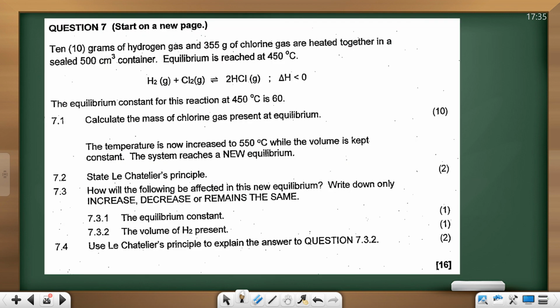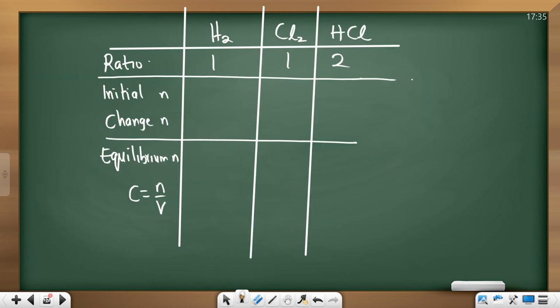Number of moles. What do we know about hydrogen? 10 grams and 355 grams of chlorine. Please show these calculations. It's very important. Number of moles of hydrogen is mass over molar mass. 10 over 2, which is what? 5 moles. So I have 5 moles initially.